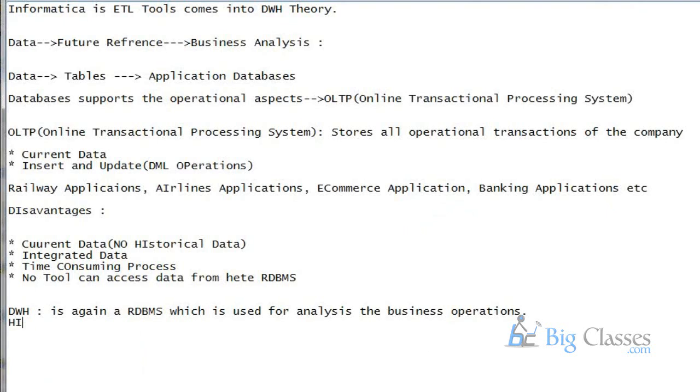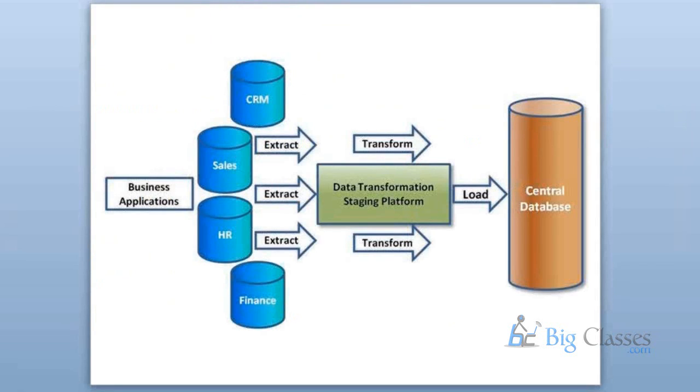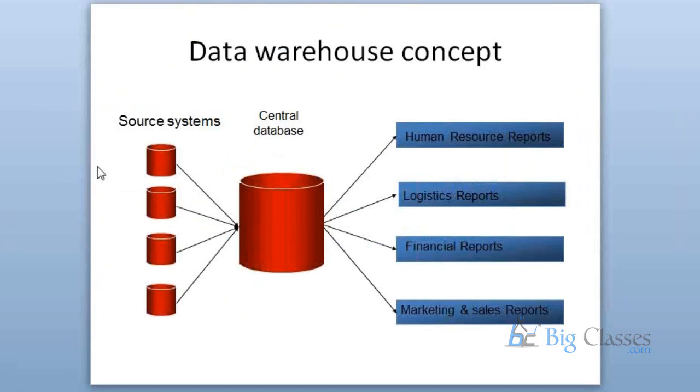So that is the reason it contains the historical data. The data that is present in the data warehouse is historical data, right? And once we have the data present in the data warehouse, the business managers, right?